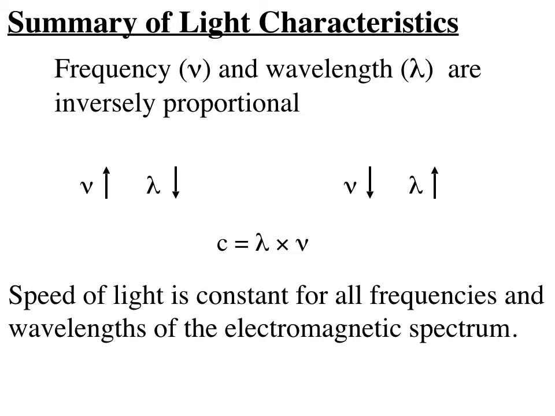If you take the frequency of any form of electromagnetic radiation, multiply it by the wavelength of that same form of electromagnetic radiation, you always get the same number, no matter what type of electromagnetic radiation that is. That number is given the symbol c. Again, it's one of the most important numbers in chemistry and physics. It's known as the speed of light. It's the same value for all forms of electromagnetic radiation.